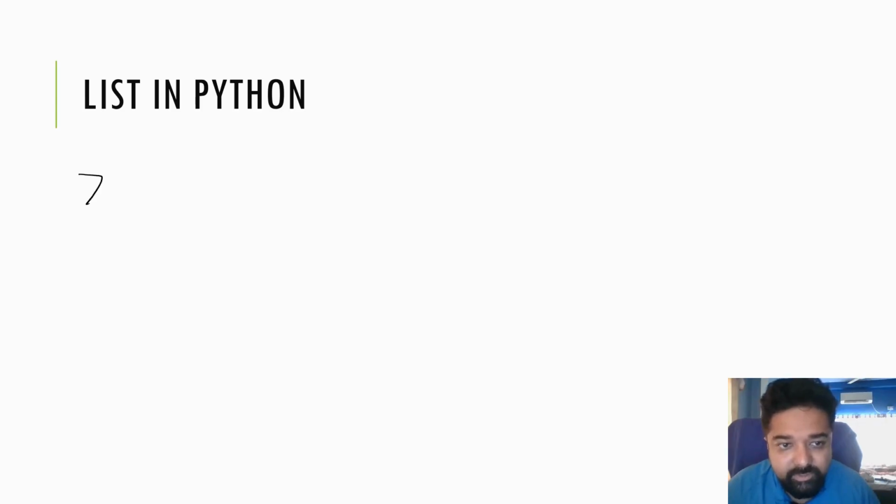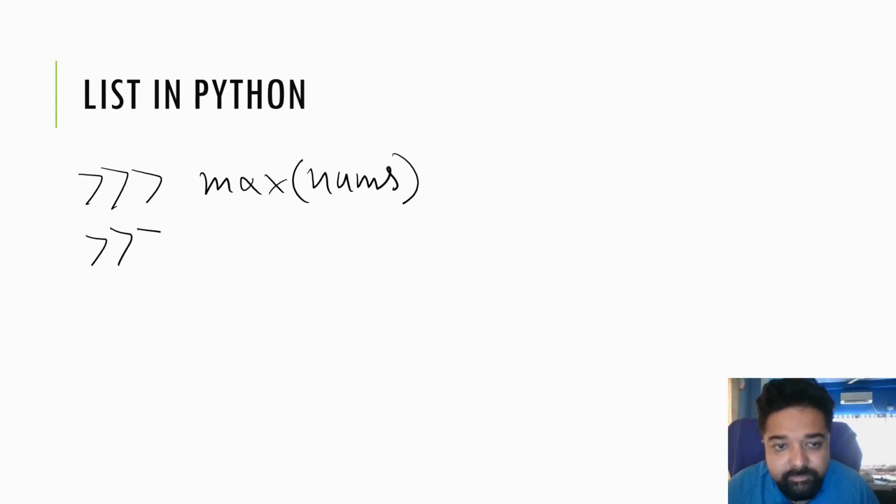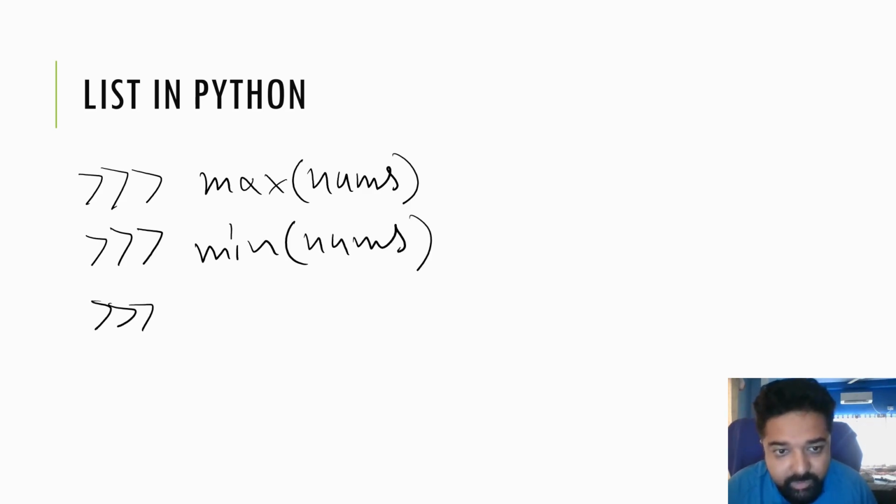There are a few things also, like you can check the maximum element value of the list. You can check min. You can sum.